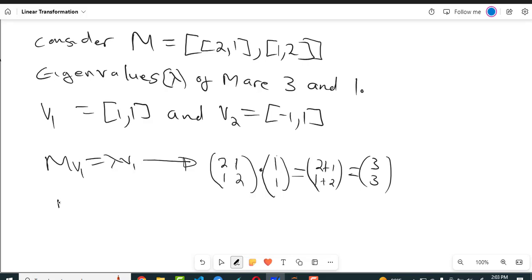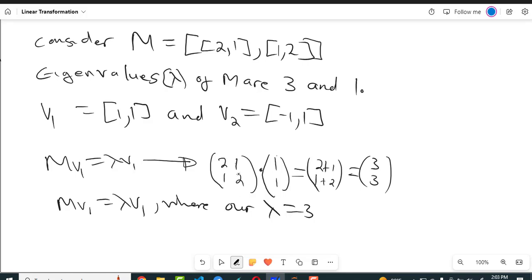We can see that MV1 is equal to lambda V1, where our lambda is equal to 3. We said the eigenvalue is 3 for this matrix, and we have actually proved that the scalar is 3.